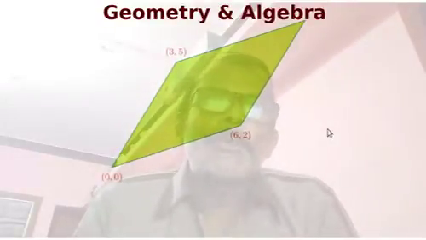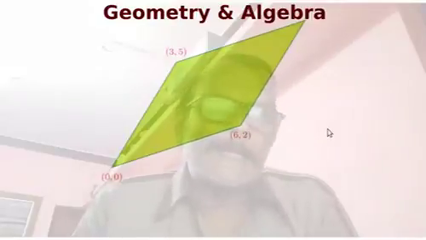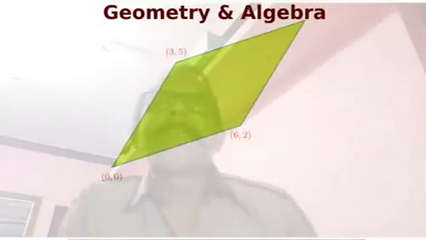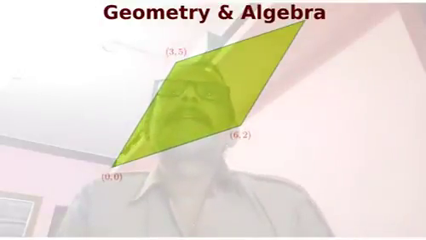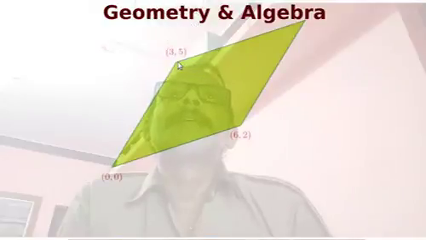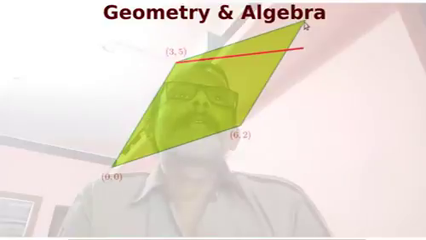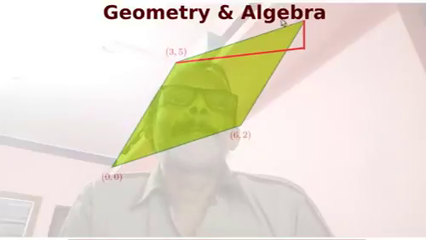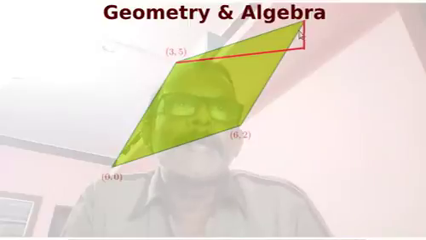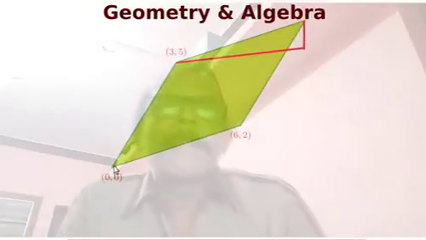So we can't apply the rule of the rectangle here. So here we have to use some other methods. For that, let us draw some lines here so that we get some triangles. See, here I am drawing a line like this and this. Both these lines are parallel to the x-axis and y-axis. So here we got a right-angled triangle.